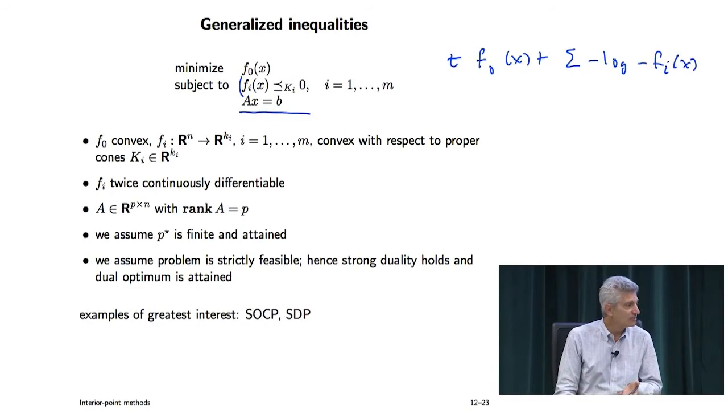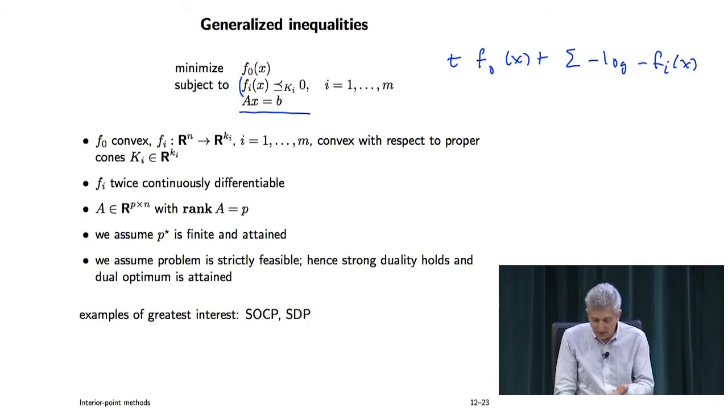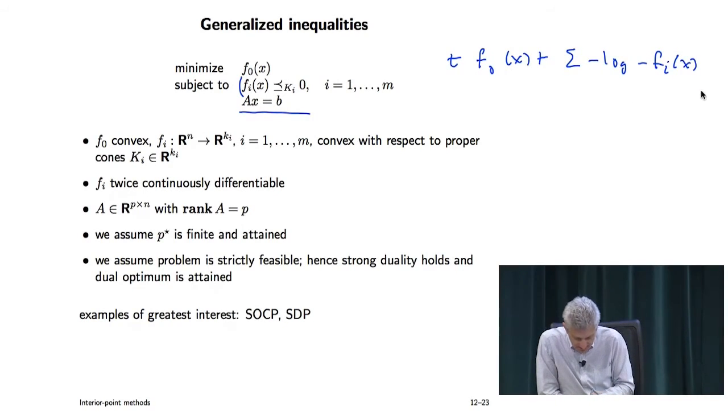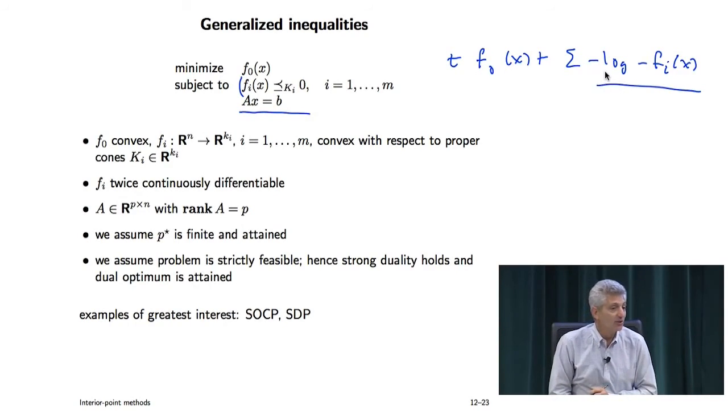We're going to call the minimizer x star of t, and then we want to set t times mu. We want to run the exact same algorithm we had before. The only minor problem is that this makes no sense, because you have the logarithm of a vector. So the only thing we have to do is generalize the log to vectors.